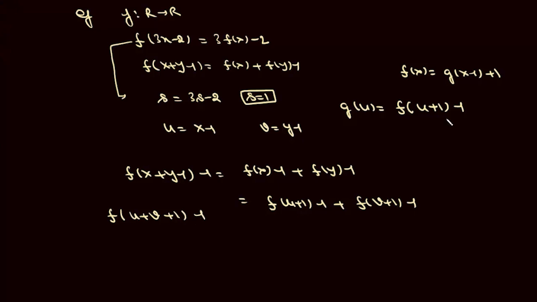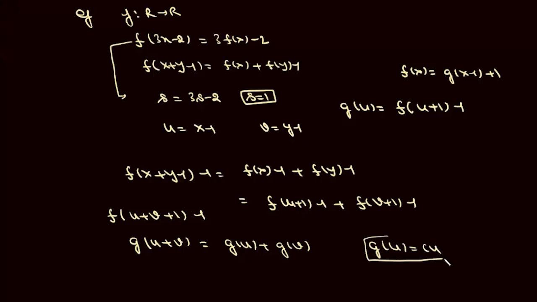Now f(u + 1) - 1 is g(u). So this is g(u + v), and will be this g(u) + g(v), which is additive Cauchy, and from here we get g(u) = cu. So that's our first result.